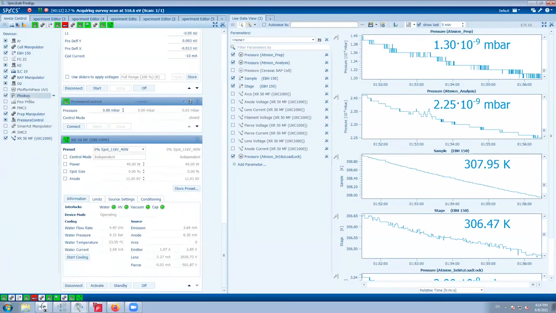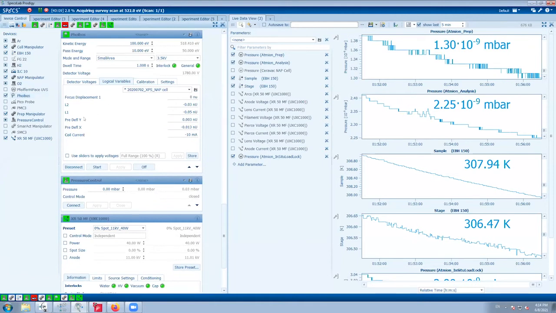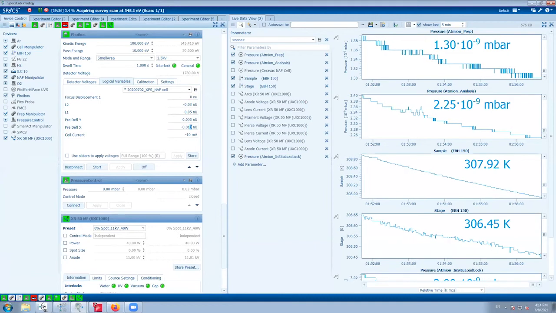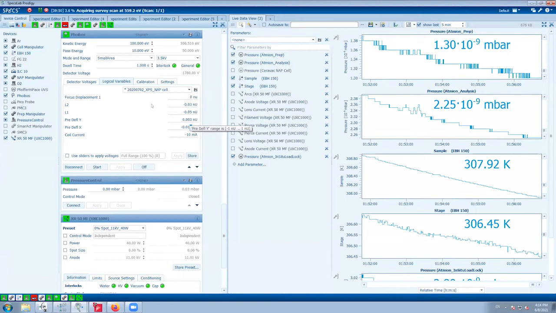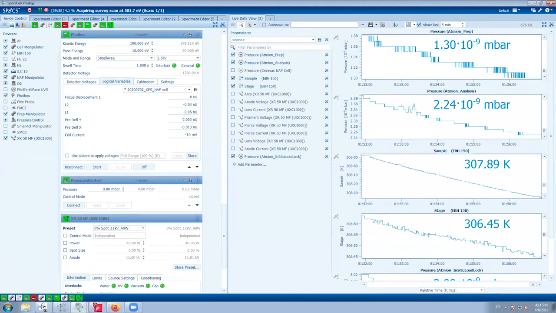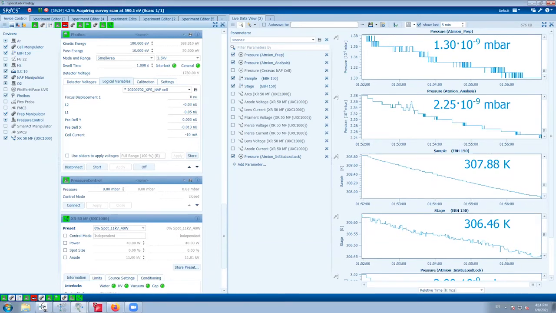Here you again have the Phoibos analyzer, and the pre-deflective Y and X, so you can deflect the beam inside. The voltage is on these deflection lenses, so you can direct the beam a little. Then you again watch the signal and try to maximize it, so it's like you increase the transmission function.